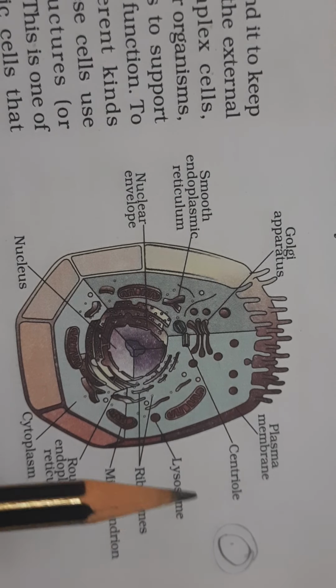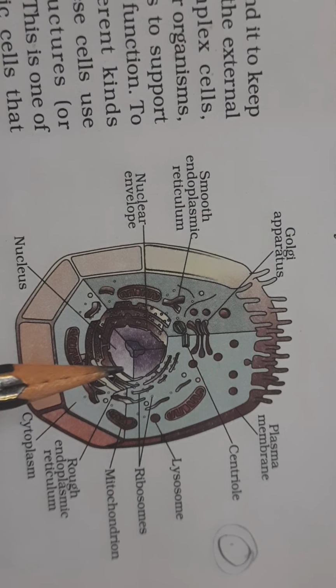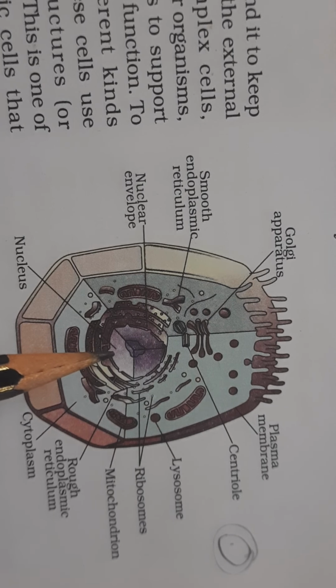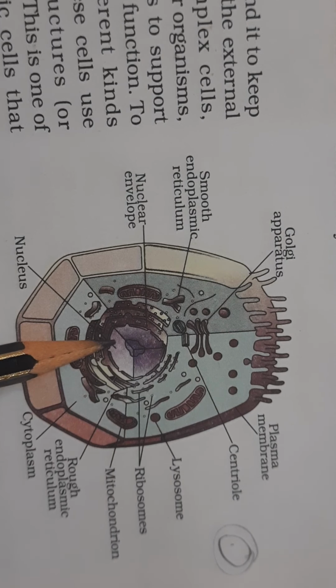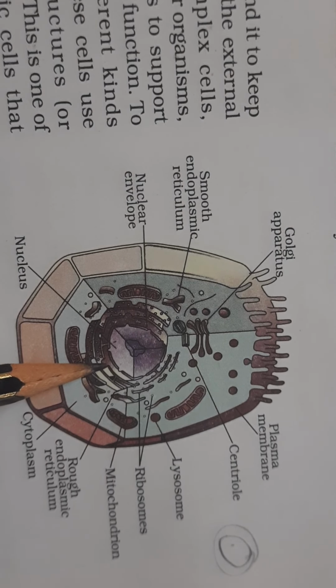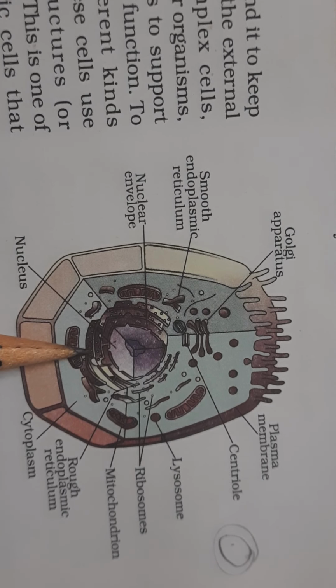That is the reason all the organelles have membrane bound structures, and they also perform various kinds of functions. These membranes keep the organelles separate from each other. So this is the main characteristic of a eukaryotic cell that makes it different from a prokaryotic cell.